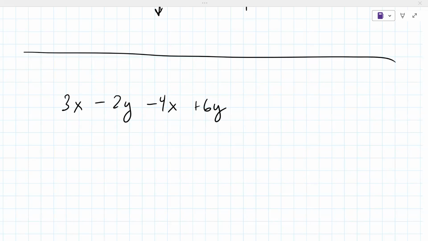Would it be negative 1x plus 4y? Good. All right. So I'm trying to grab one here. All right, so here is another graph.